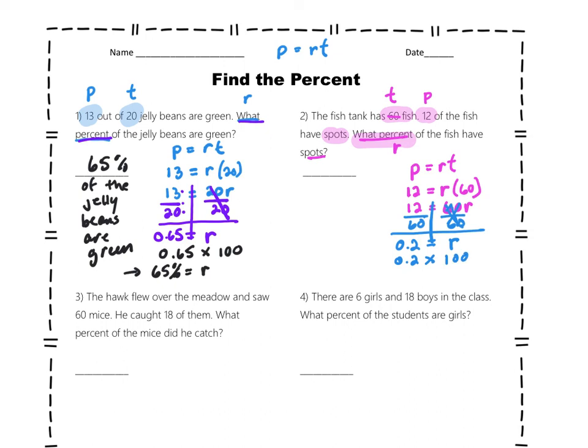So we're going to multiply by 100, and we're going to get 20, and we're going to attach a percent sign, and that's the answer for the percent. So we're going to write 20% on this line, and we're going to go back to the question, what percent? Well, 20% of the fish have spots. So if we just look at what they ask us, we can write our sentence. 20% of the fish have spots.